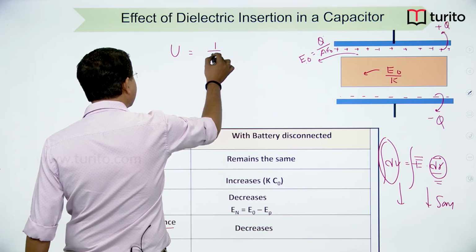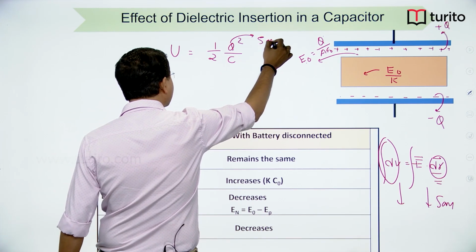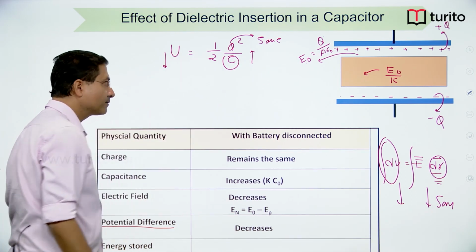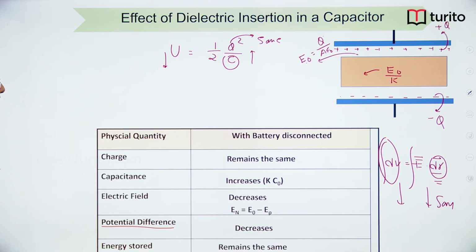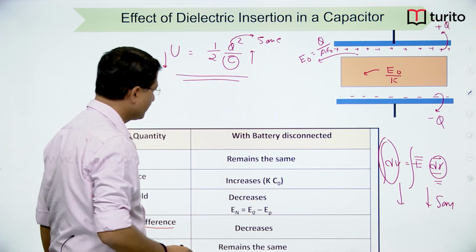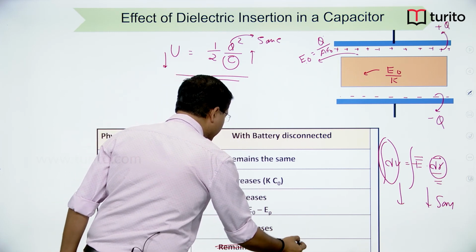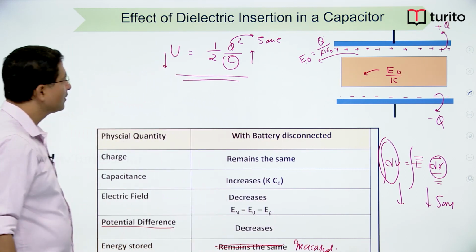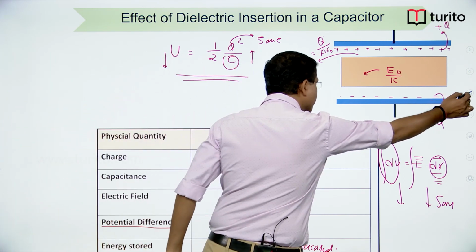So, half Q square by C if I apply, charge is not changing, capacitance is increasing, becoming K times, the energy must decrease, right. So, energy is stored inside the capacitor. Capacitance is increasing, energy is decreasing.